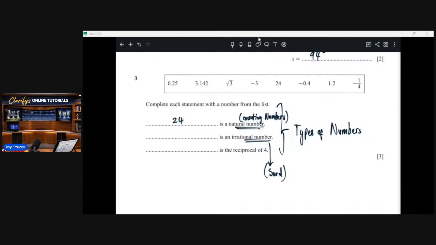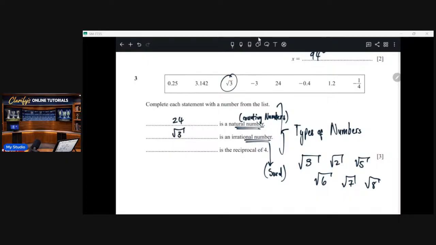If you punch that square root in a calculator, you get a bad answer, an answer with many things after the comma. Like root 3, root 2, root 5, root 6, root 7, root 8. These are all surds. If you punch them in the calculator, they give you bad answers. So they are irrational. So just look for root something here, root 3.